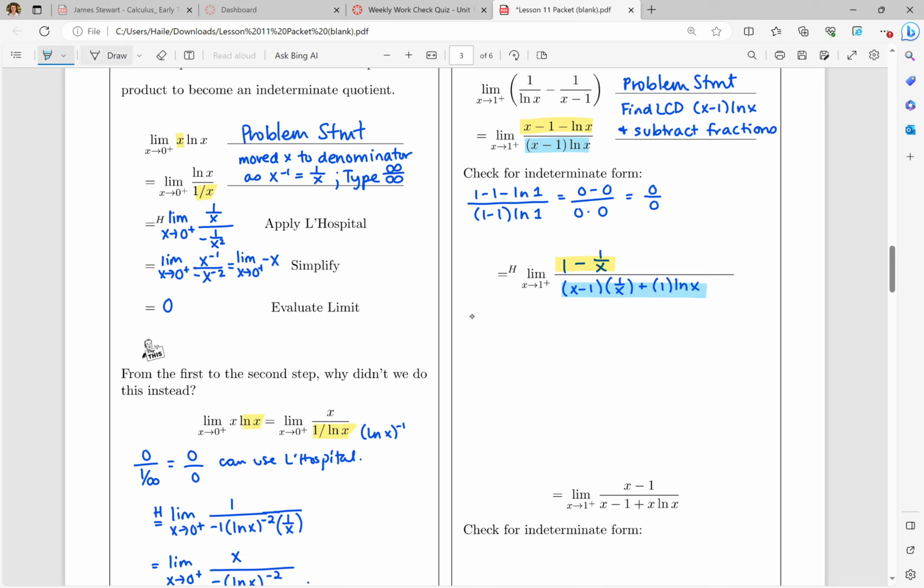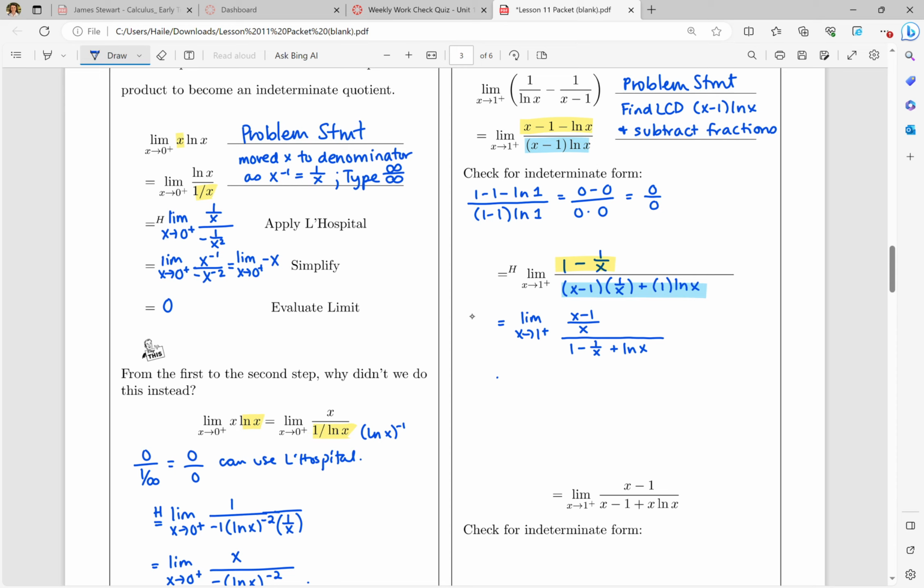Okay, so let's do a little bit of simplifying. This is just going to be some routine algebra. We have the limit as x approaches 1 from the right. I'm going to combine the two things on top, so I have x minus 1 over x. If I distribute the 1 over x in the denominator, I have 1 minus 1 over x plus ln of x.